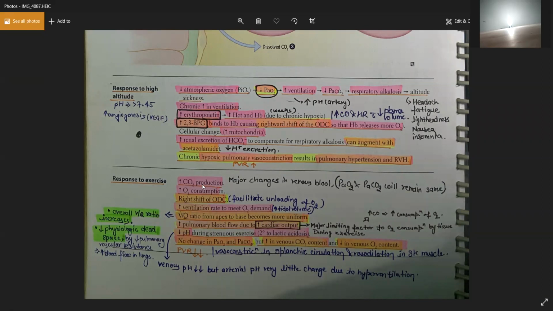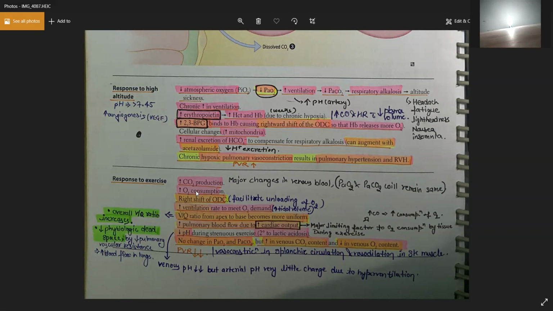Now, where is the CO2 released, in the artery or in the venous blood? Veins. So the major change in the CO2 levels will be seen in the veins, not in the arteries. Second thing is the oxygen consumption. Because the metabolic needs of your body are now increased, the consumption of oxygen will also increase.